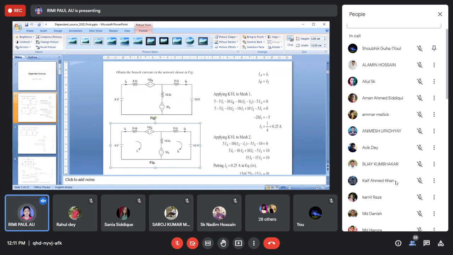The simplest thing I have asked. You have solved difficult problems, but you have to solve this simplest one: if I know the voltage here and here, how to find this branch current? Anyone? What do you think?